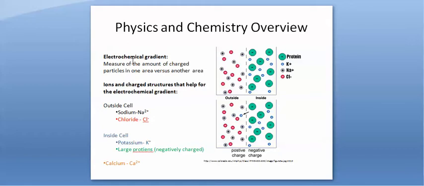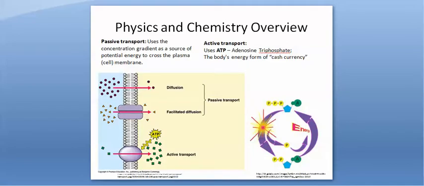Okay, and we call it the electrochemical gradient because we use electrically charged chemicals, which are ions. So sodium is the chemical, and then we take away one of its electrons, making a positively charged chemical, which gives it the electrical property. So I hope this is making sense. I really enjoy this topic, and I'm excited to meet with you guys too, so we can talk about it more if you want.